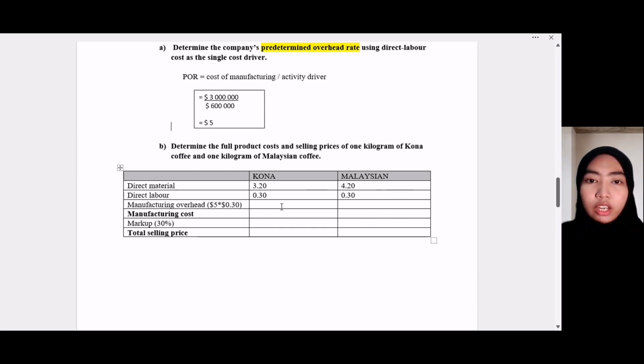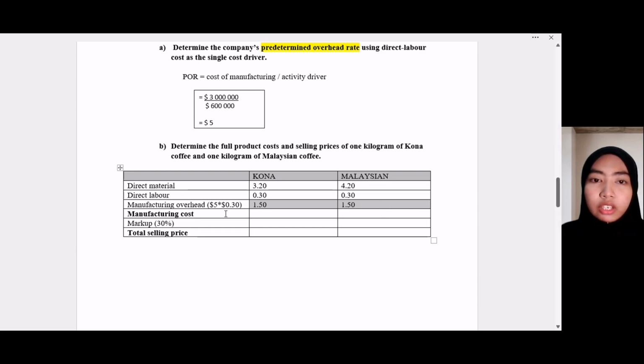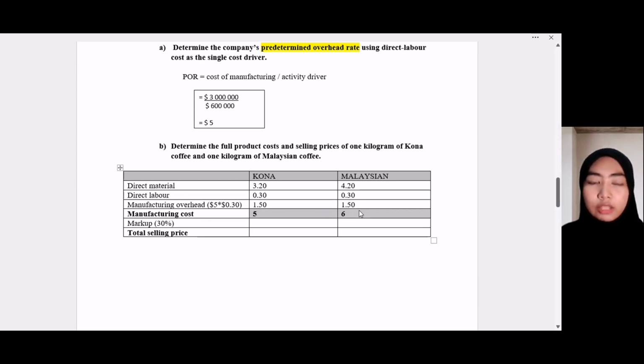We get the manufacturing overhead for Konas coffee is $1.5 and Malaysian coffee also consumes $1.5 of manufacturing overhead. The total manufacturing cost for Konas coffee and Malaysian coffee is $5 and $6.